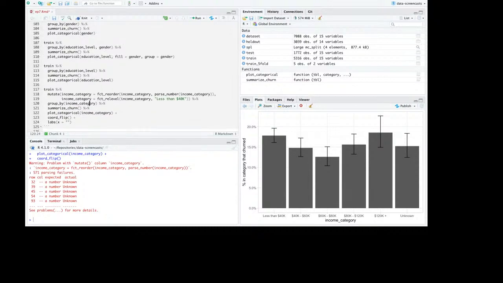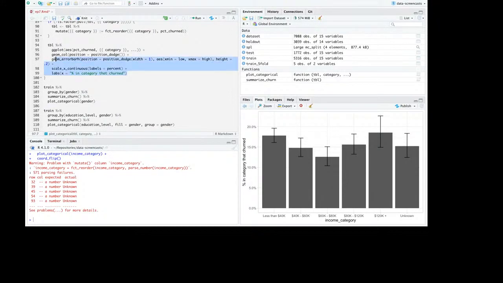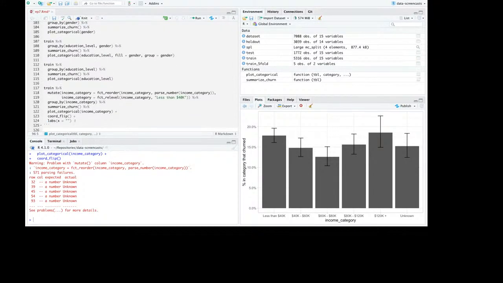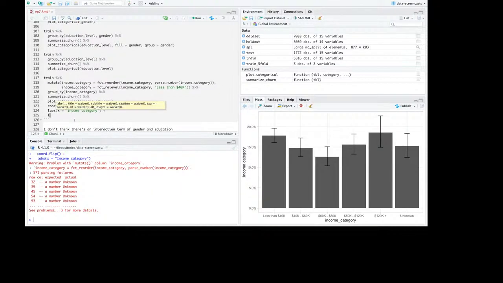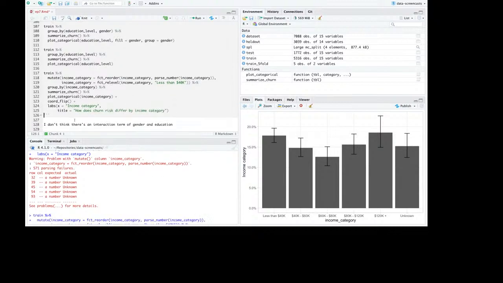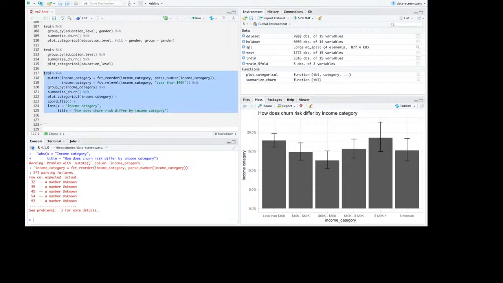And what if instead of a bar plot, no, I'm going to keep it as a bar plot because it's categorical, even though it's kind of like a line plot. Income category, and by education category.